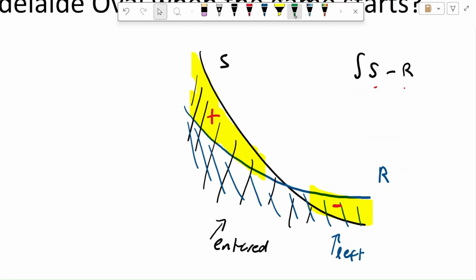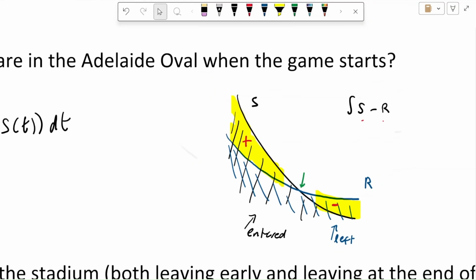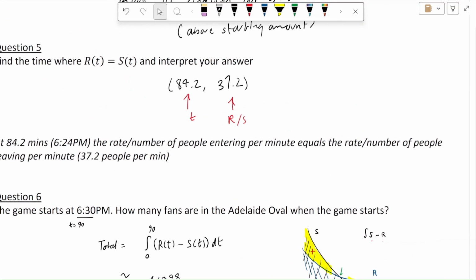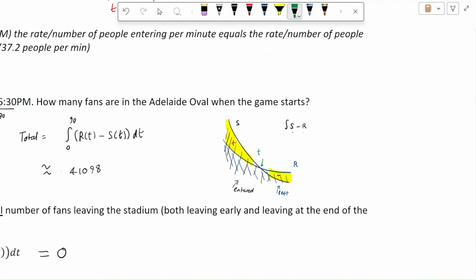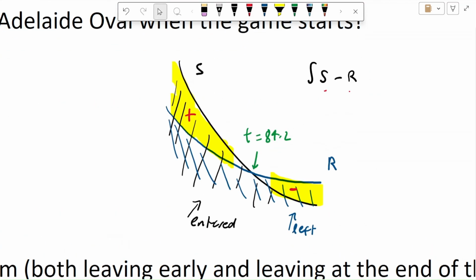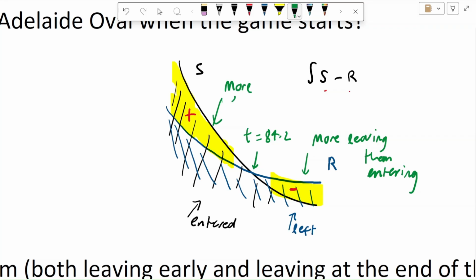And the reason is because that bit there is that special number 84.2. And then anything after that is more leaving than entering. And this is more entering than leaving.